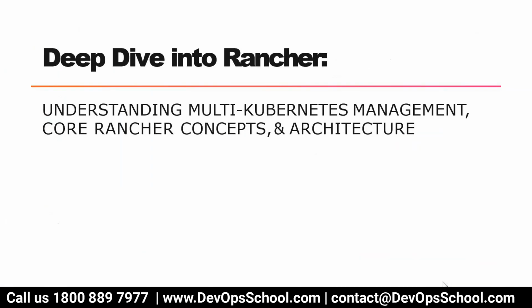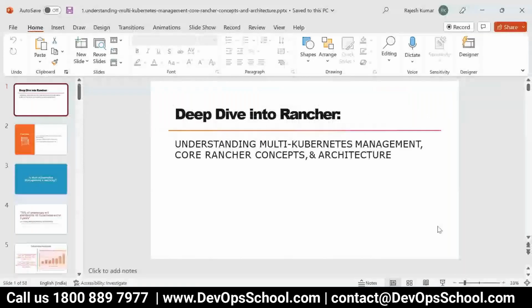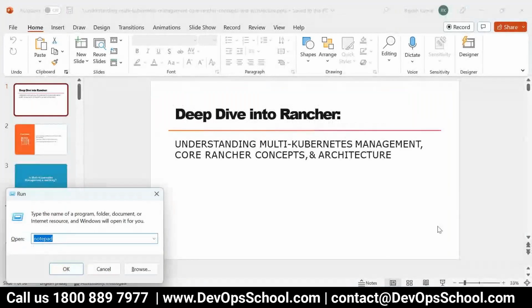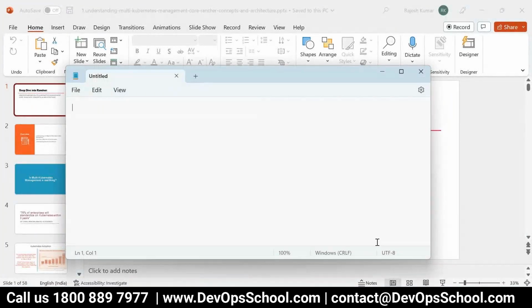Okay, so what is Rancher? The flow is very simple. If you want to get onboarded with the container world, first you have to learn Docker, and I assume you know that. After that, creating a Docker image, that also you know.